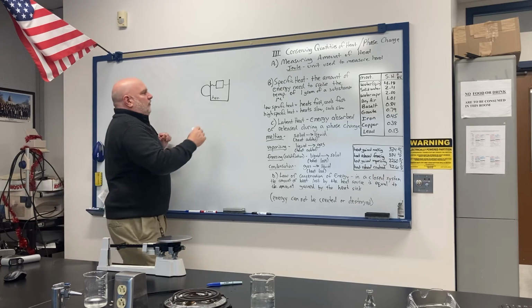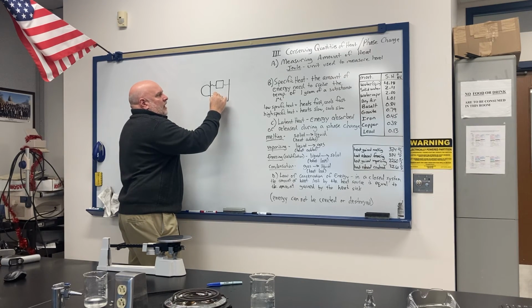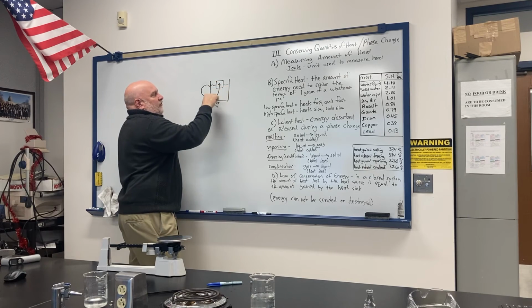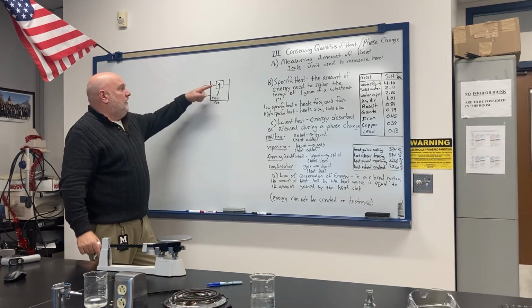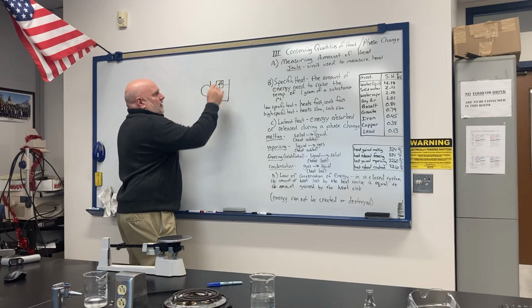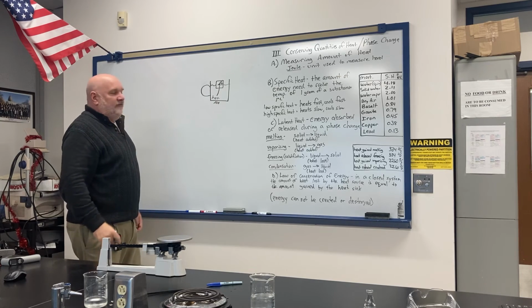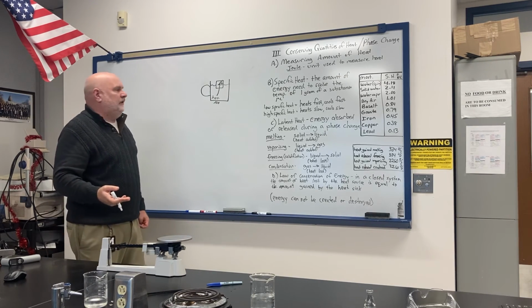So let's say the hot coffee lost 100 joules of heat. Now, heat's going to go from the hot coffee to the ice cube, from the heat source to the heat sink. But if the coffee lost like 100 joules, the ice cube might only get like 50 or so. And the reason is there's other places for the coffee to lose heat.